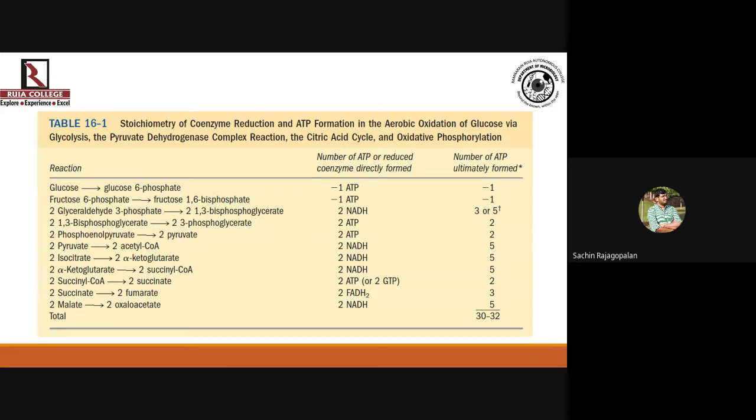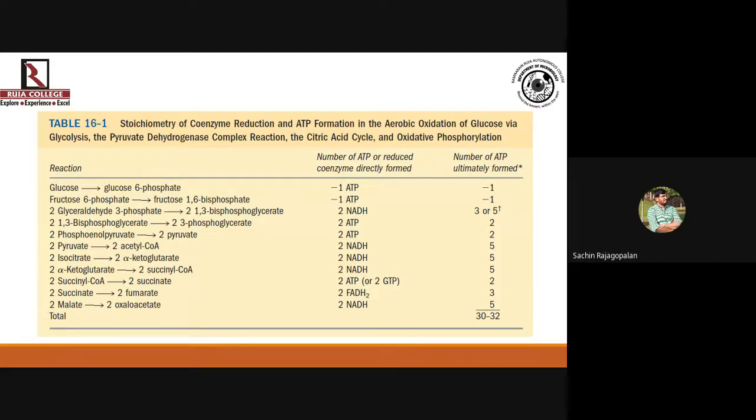One column speaks about the reaction. The second column tells me how much ATP I spent or earned, or how many NADH or FADH2 I generated, and how many ATPs are ultimately formed. This third column will be helpful to calculate the ATPs that are coming from NADH or FADH2. Is that making sense to all of you?